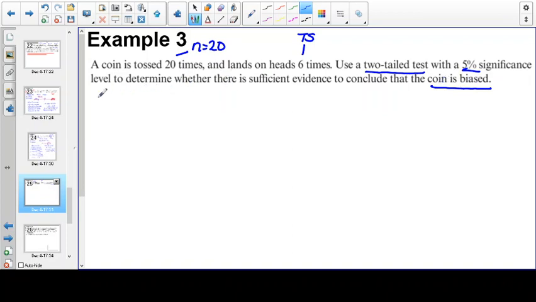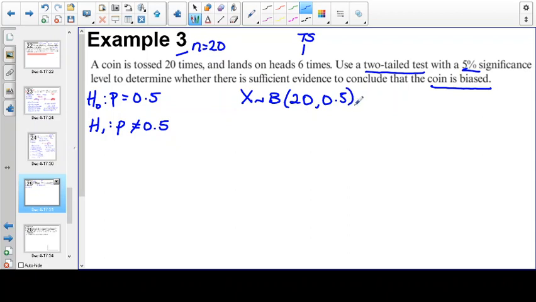So we're initially assuming that the coin is fair, and our alternative hypothesis is that it's not fair, that it's biased. Okay, so make sure you write down your hypotheses, make sure you write down your binomial information.